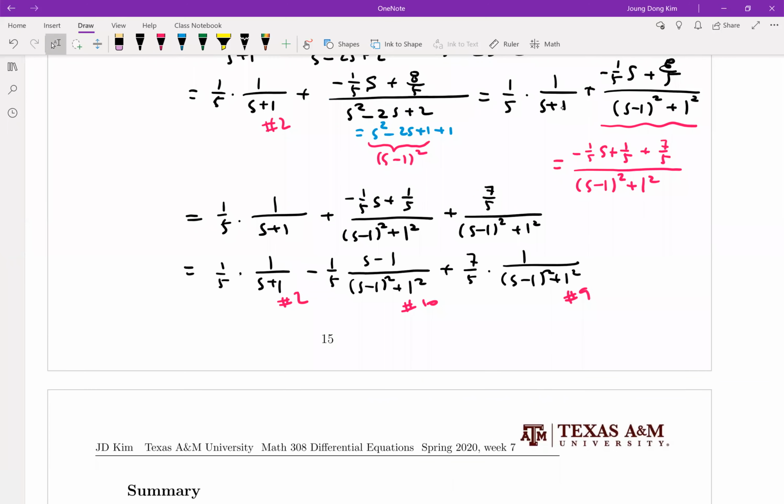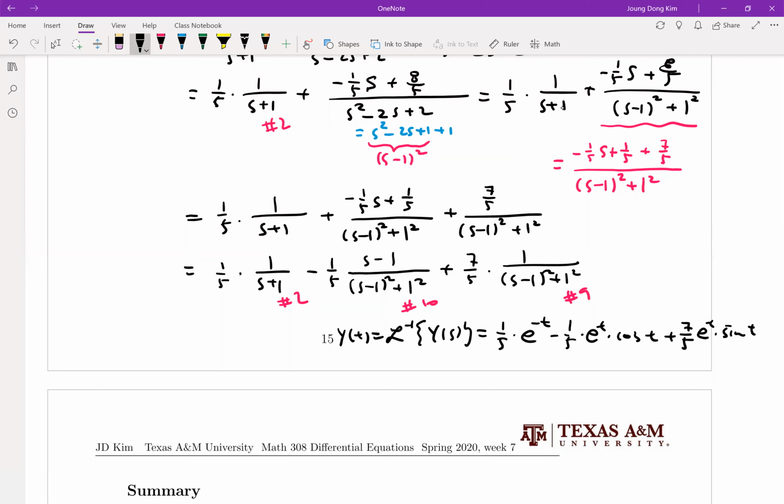my y(t), which is the inverse transform of Y(s), is equal to 1/5 times e to the minus t, minus 1/5 times e to the t cosine t, plus 7 over 5 times e to the t sine t.